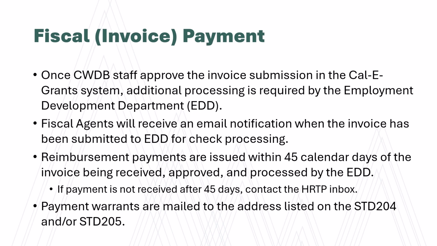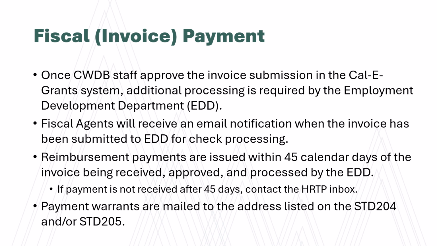After the fiscal agent/awardee submits a monthly invoice through the Cal eGrant system, the CWDB program branch will complete the initial review and approval. Once the CWDB internally approves the invoice, it is elevated to the Employment Development Department, EDD, for final check processing. The CWDB will notify grantees of the status of each submitted invoice.